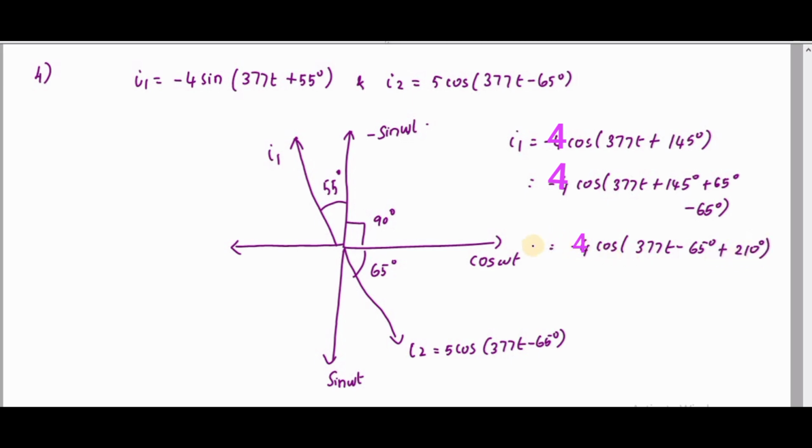You can see my I1 is this one, and I2 is 5 cos(377t minus 65 degrees). So here I1 is leading I2 by 210 degrees. This is your answer.